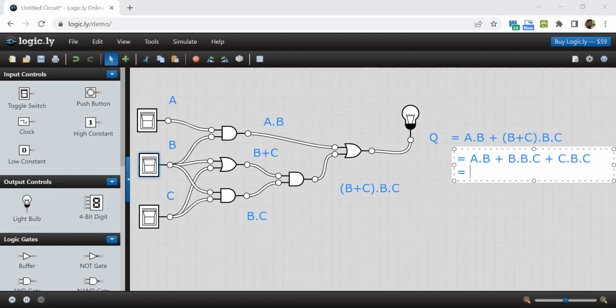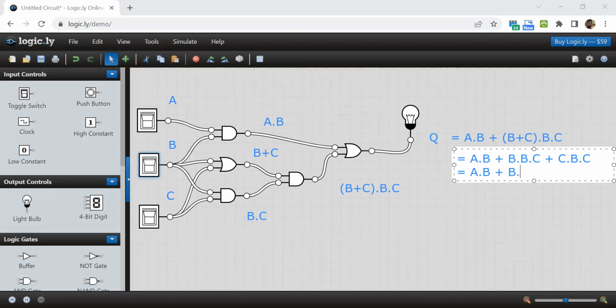So this is equal to A dot B plus, from the theory, we know what B dot B is.